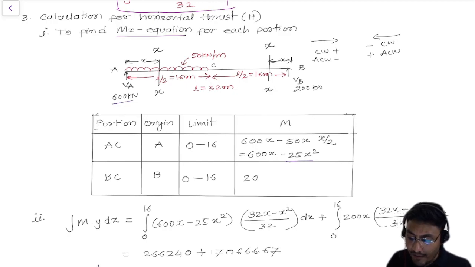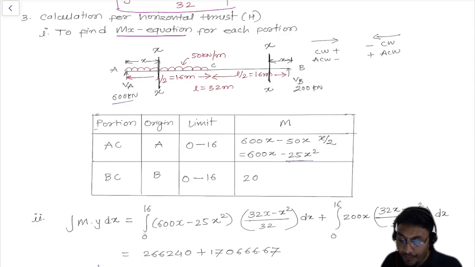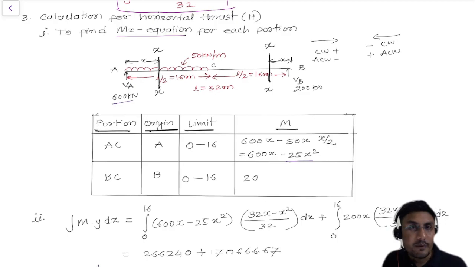So we'll be drawing the two sections in the two spans, at an x distance. So we have the x distance over here and x distance from B support, right? So there are two x distances we have. Now we are just going to prepare this table. This table consists of the portion, origin, limit, and the moment equation.